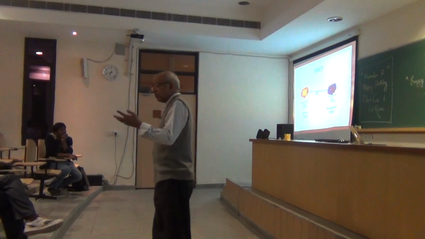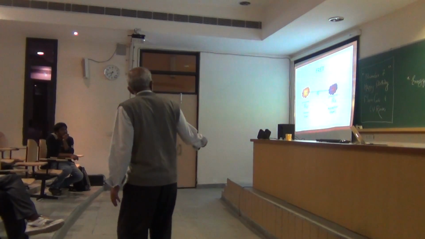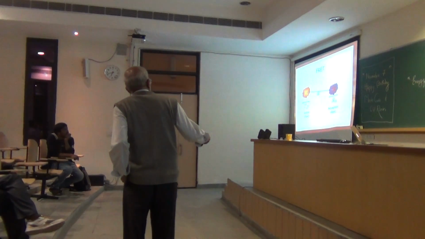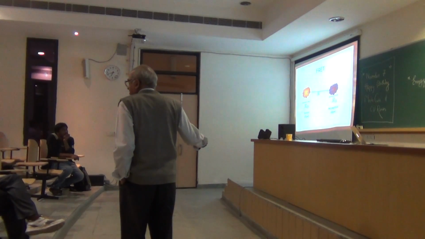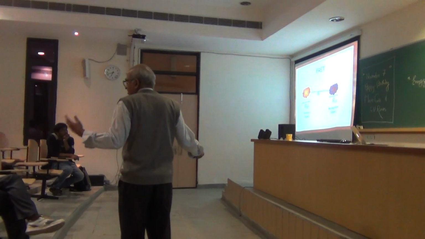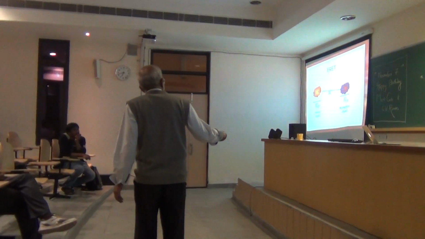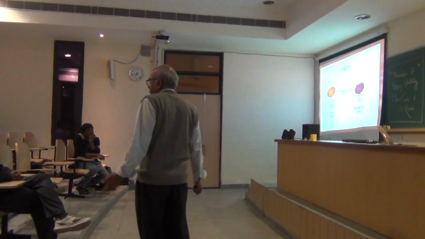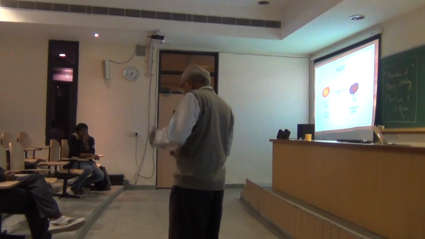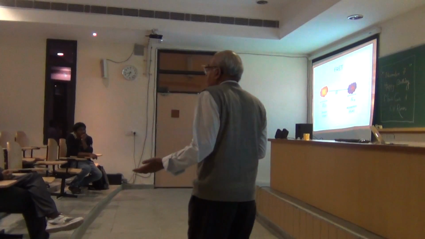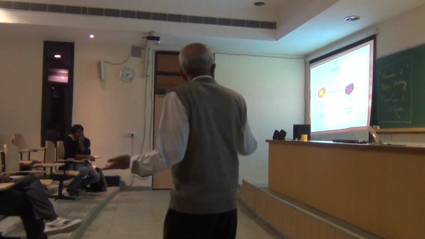This R to the power of minus 6 is valid provided this capital R is much larger than either R_D or R_A. That's essentially the kind of limit that we have to think of. I will explain the reason why it is to the power of minus 6 in the next slide.